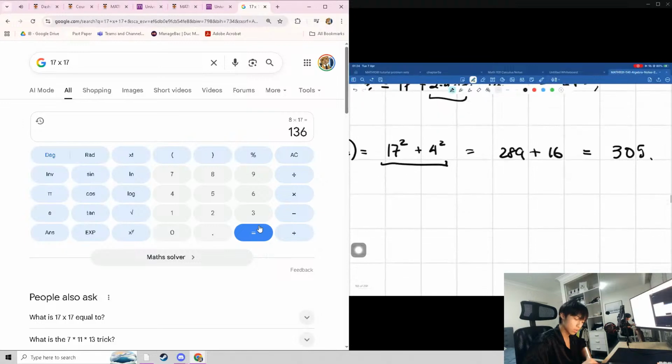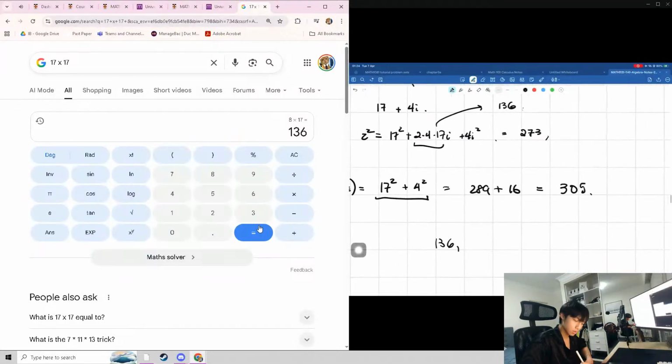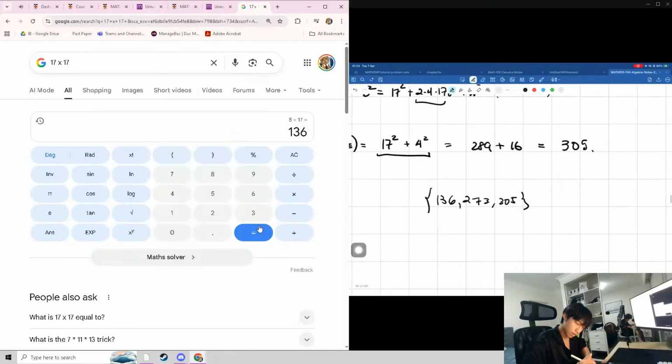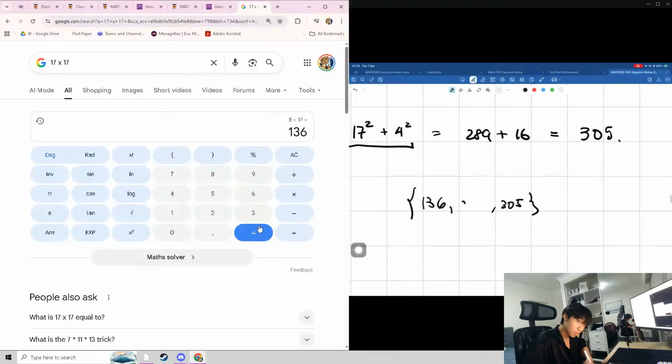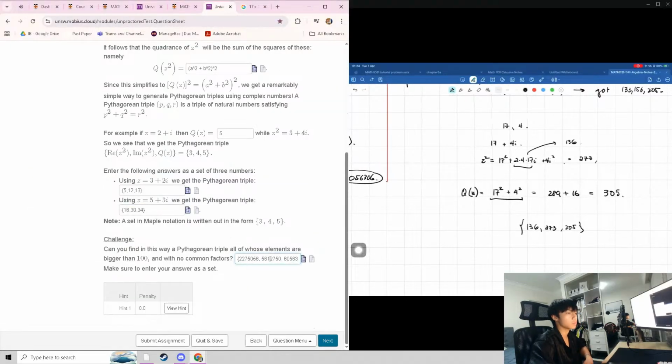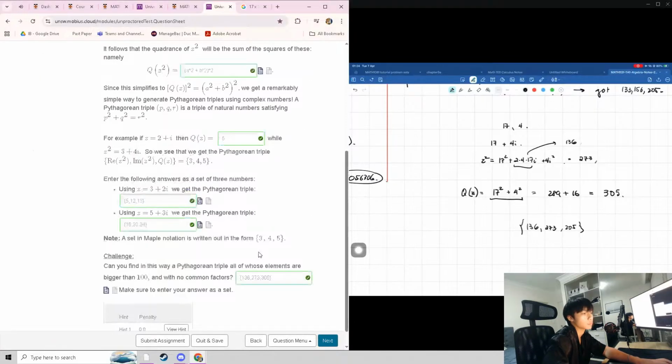Let's see, 136, 273, and 305. Right off the bat, it doesn't look divisible. So let's try again. 136, 273, 305.